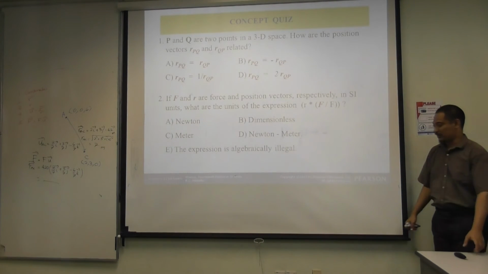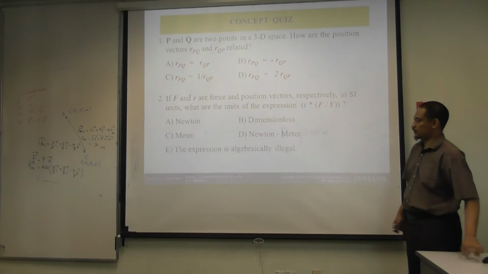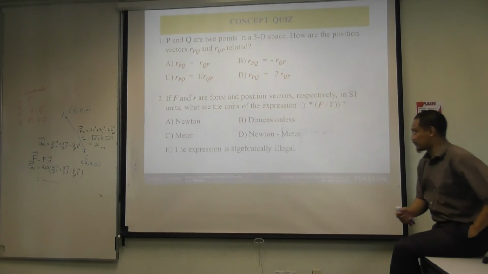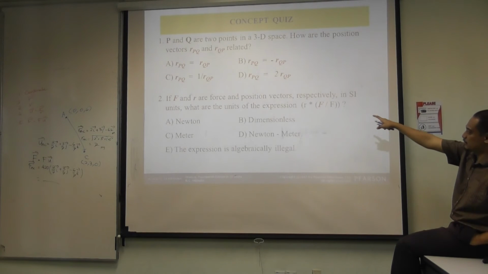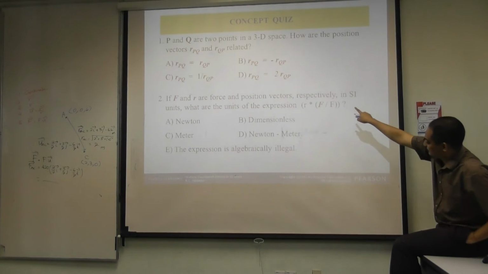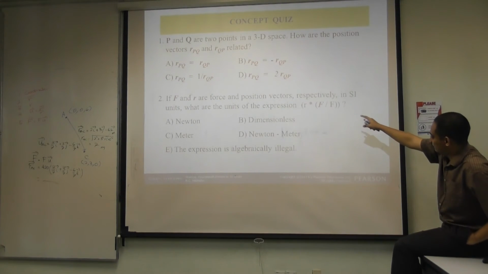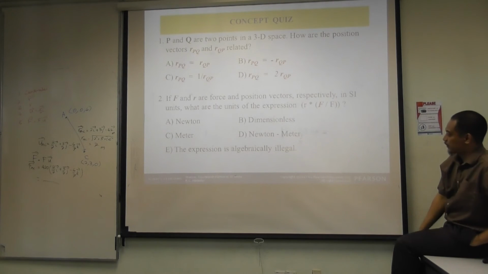Okay, this is just to see whether you can deal with units properly. If F and R are force and position vector, meaning F is force, R is position vector. So if you do this calculation, R multiplied by F divided by F, the unit will be what?